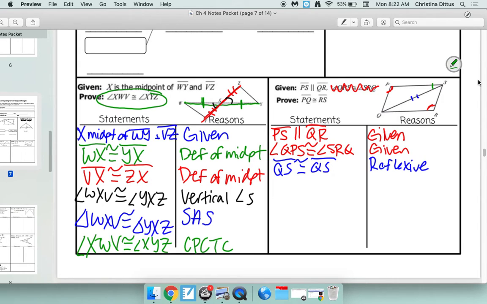And RQS. There we go. So I have angle PSQ is congruent to angle RQS. And why would those angles be congruent? They're alternate interior angles.